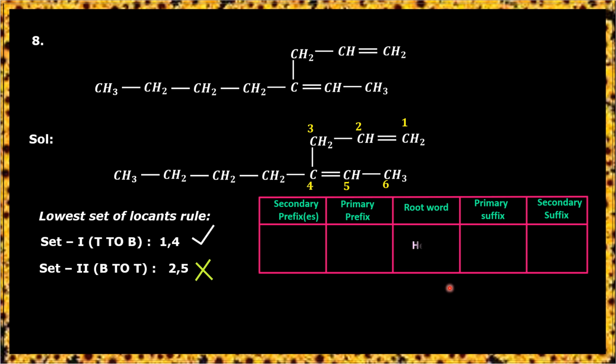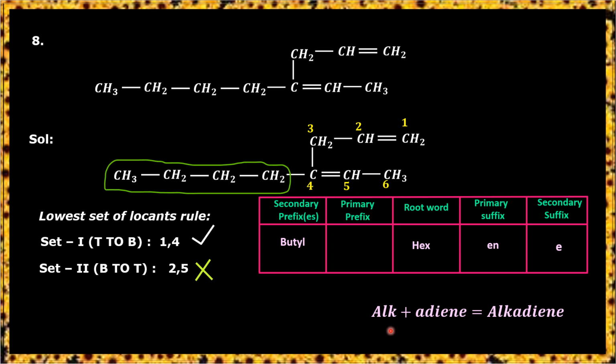Root word is hex, primary suffix en, secondary suffix e. Okay. Now this is a butyl group substituent. So alk plus a diene, alkadiene, because two double bonds are there.